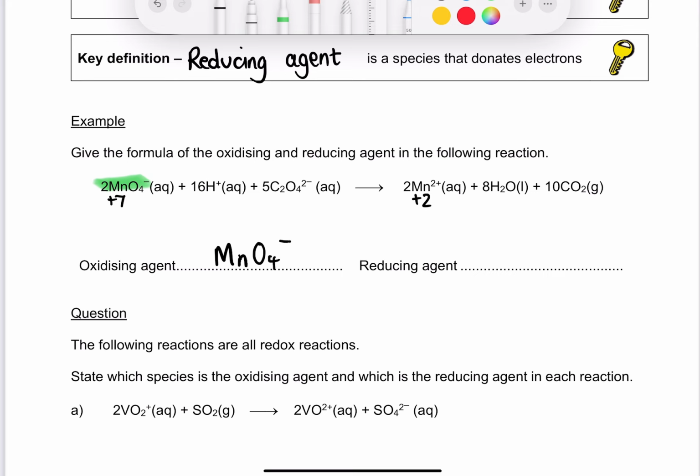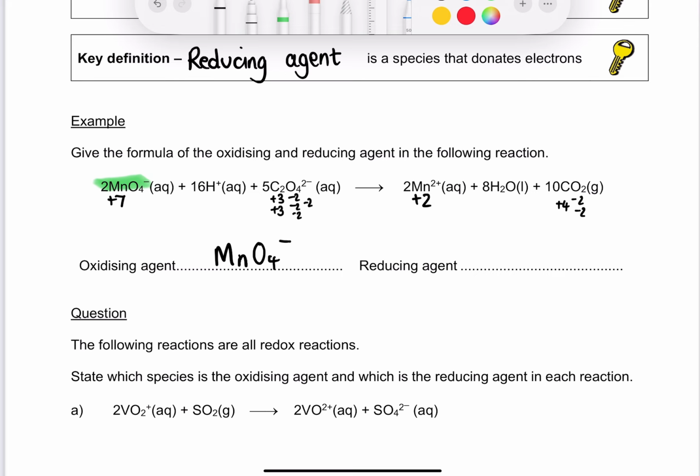Now we need to find what number is changing in the other direction. And we can see that the hydrogens are going to be +1 on both sides. In this ethane dioate ion, 4 oxygens each at -2, got to equal -2, so we need +6, but split up between 2 carbons, so they're each +3, whereas here the carbons are +4.